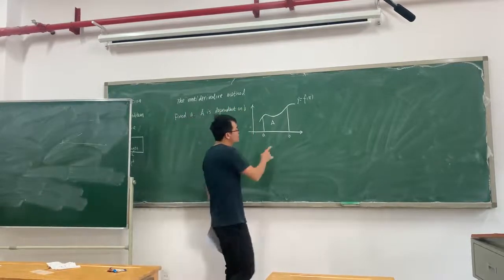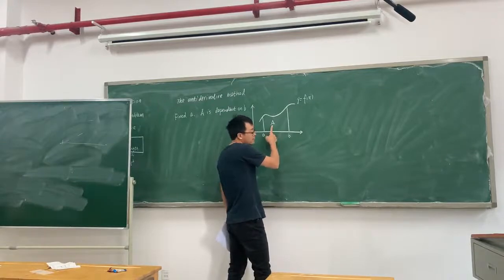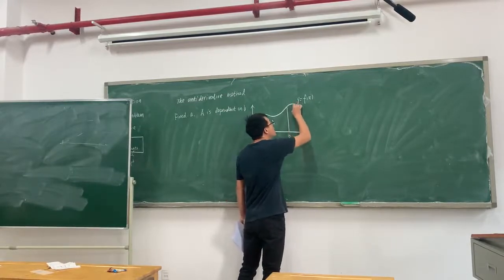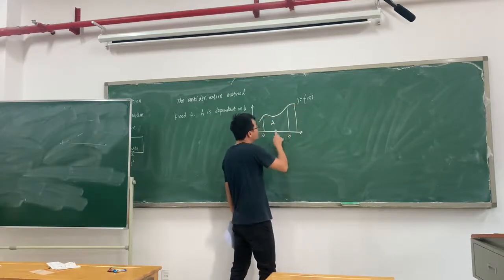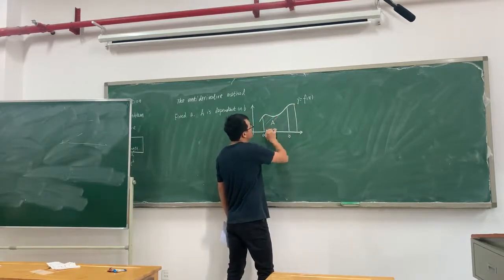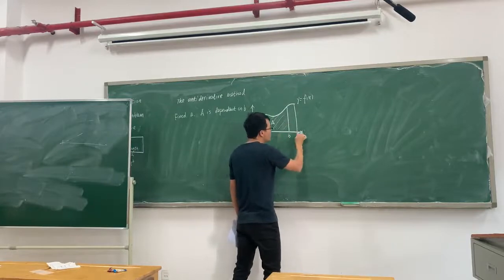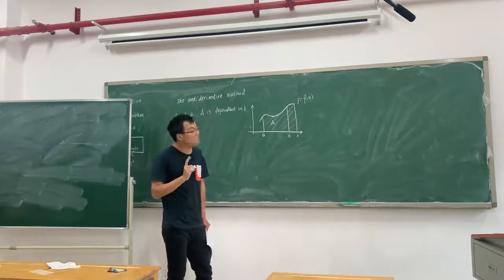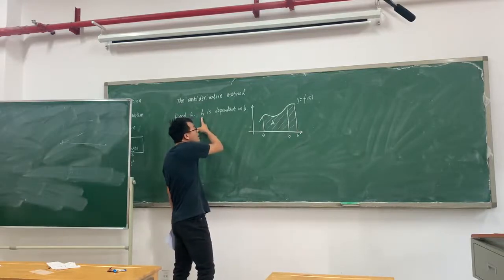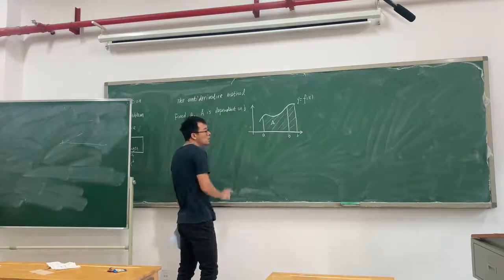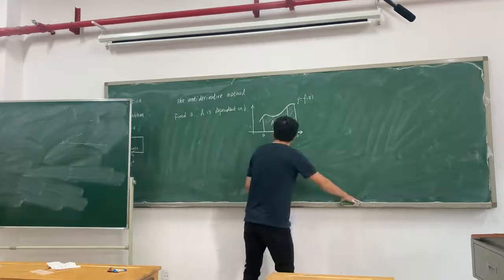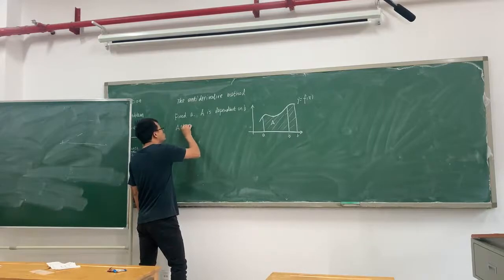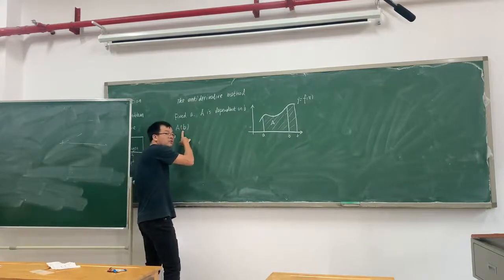If b is here, the area is this part. If b is here, the area is this part, yeah? So here means the area A is dependent on b. So A is a function of b, okay? A is a function of b.